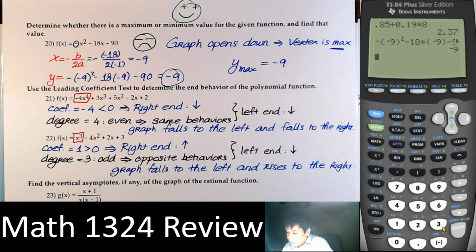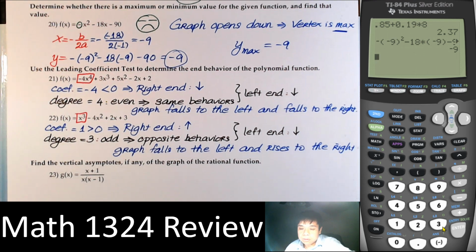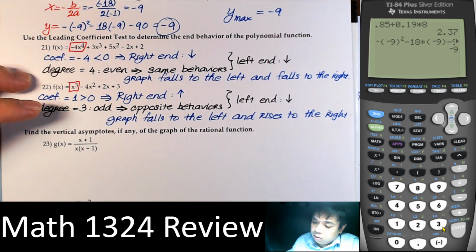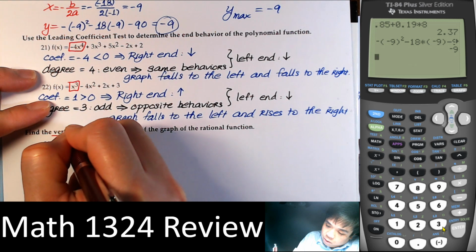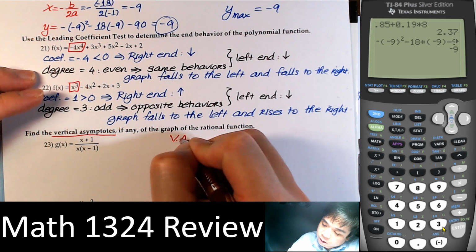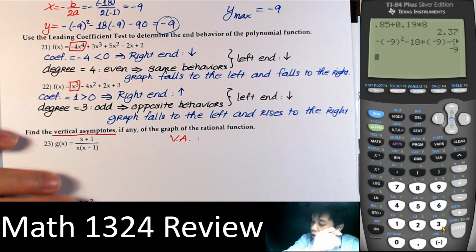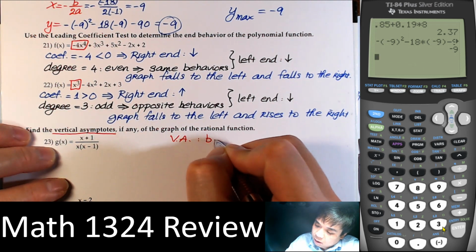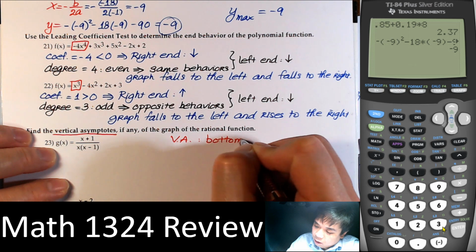Right. In this case we find the vertical asymptotes. A vertical asymptote is where we have the bottom equal to 0.